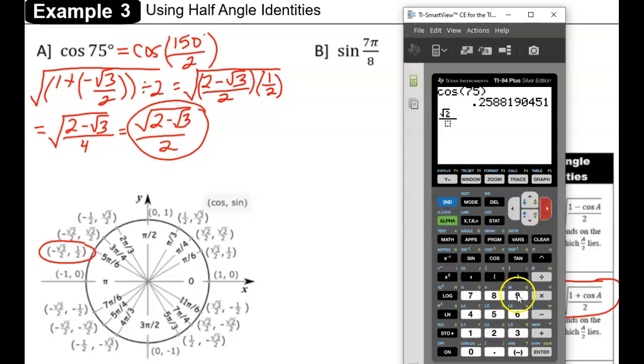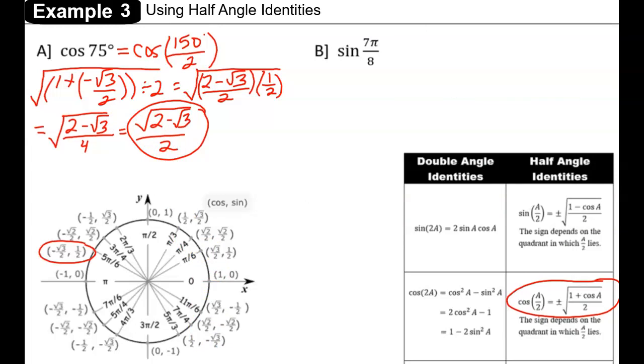So in the numerator, I have a square root of 2 minus square root of 3, and then that's over 2. And press enter, and I can see that the decimals match for my exact value and the cosine of 75 degrees. So I know that that works.